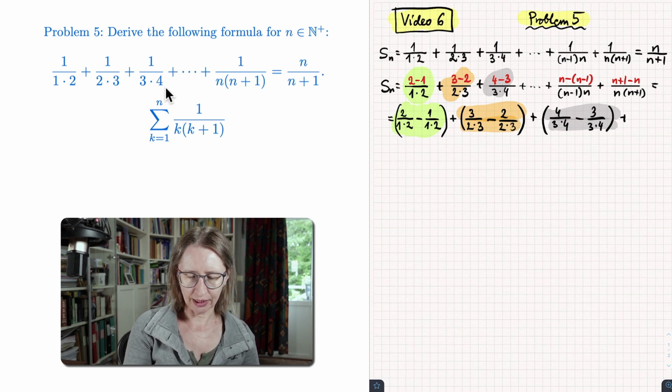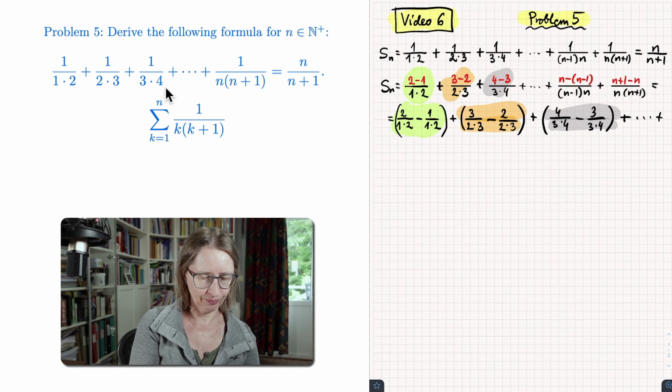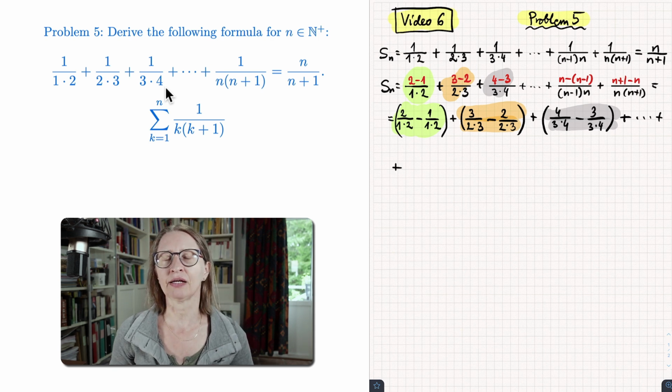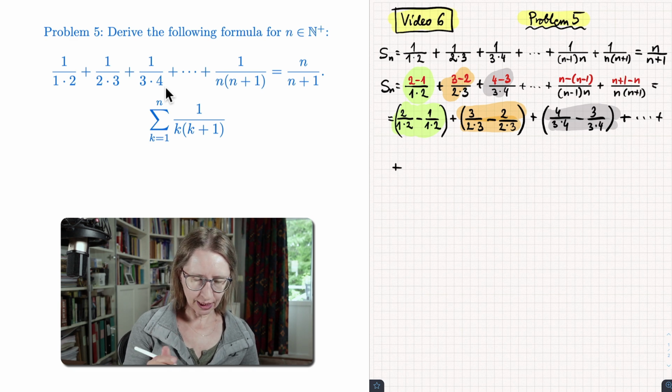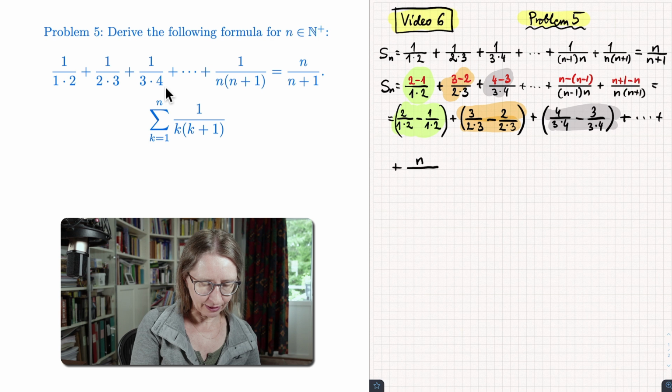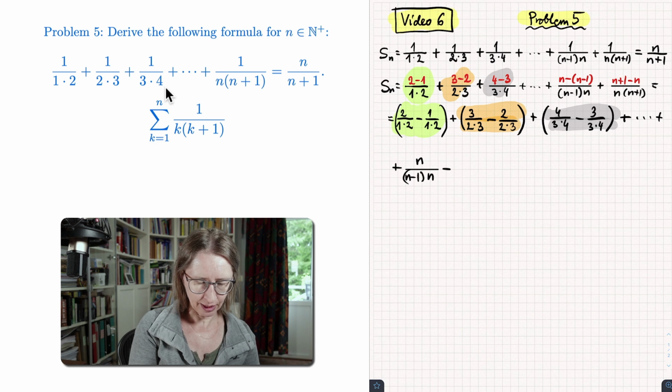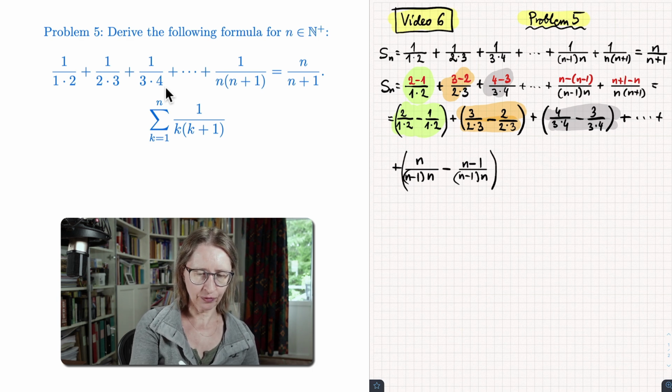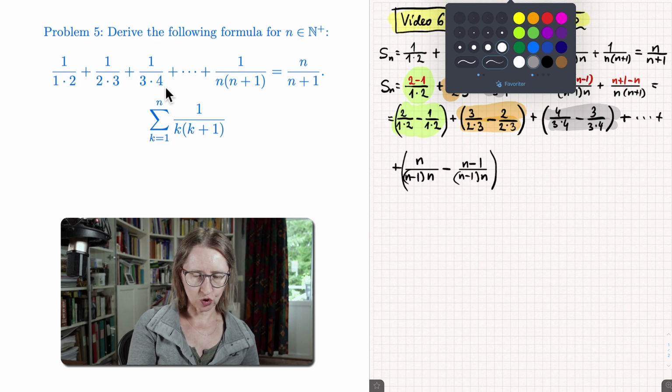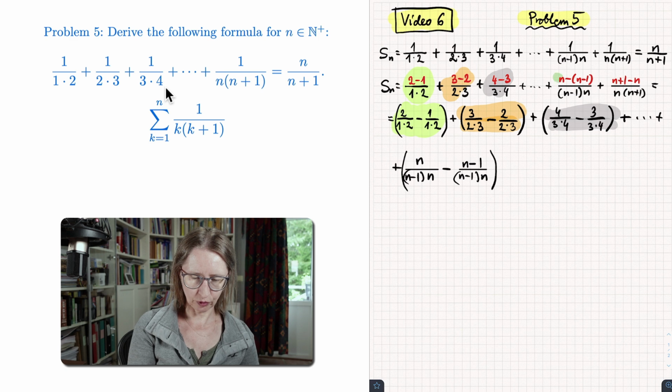And now I just write 3 dots. And then I take the last but one. So here I will get first n divided by n minus 1 times n minus n minus 1 divided by n minus 1 times n. So this one here corresponds to this one.